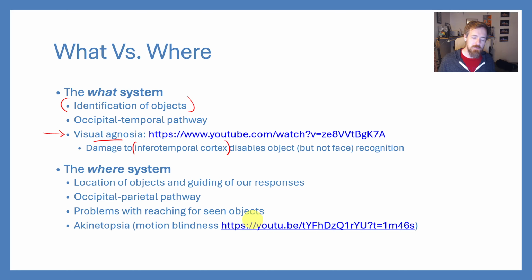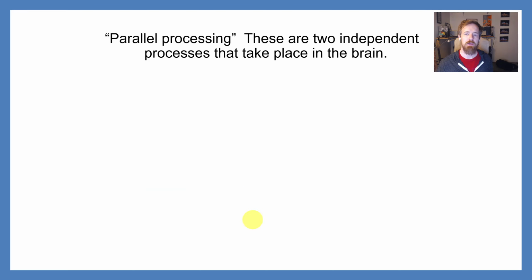But that's actually a tough kind of problem for us to talk about, because it is two streams of information that are independent, and yet they don't feel independent to us. It feels like one unified whole experience that we have.